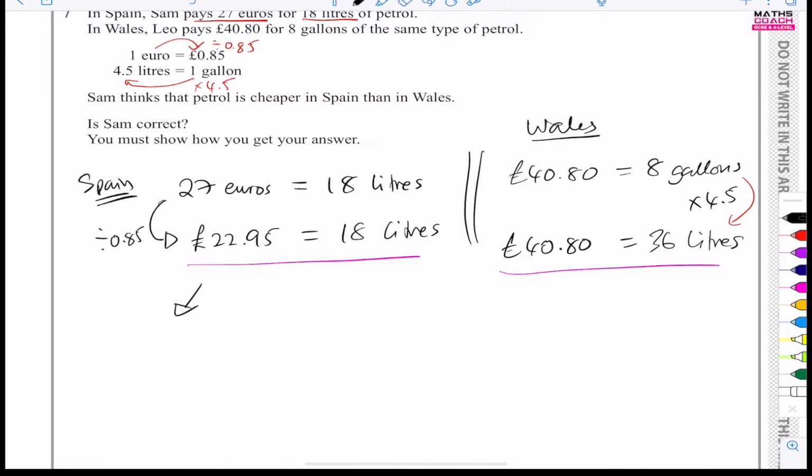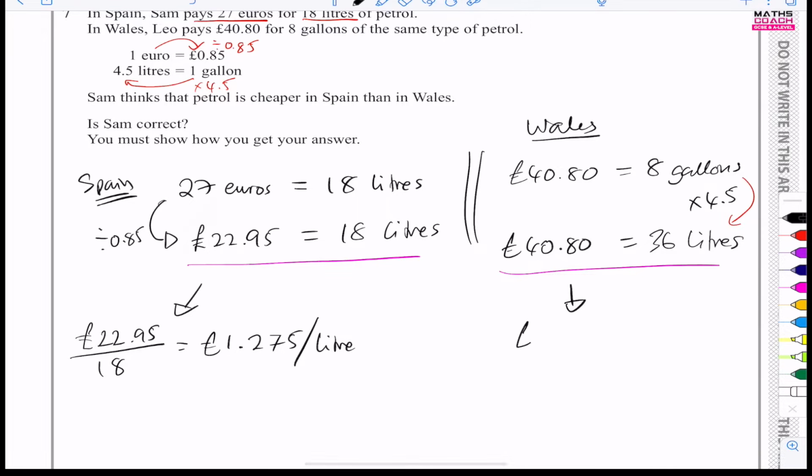For Spain, it's going to be £22.95 divided by 18. That gives me a value of £1.275. Well, let's just leave that in 3dp for now, per liter. That's how much you're paying per liter.